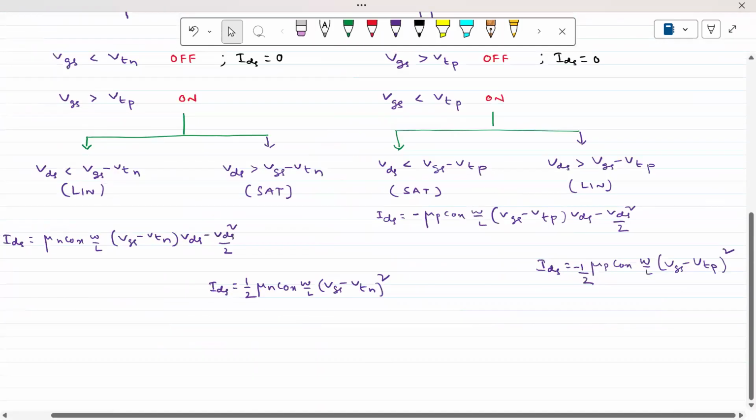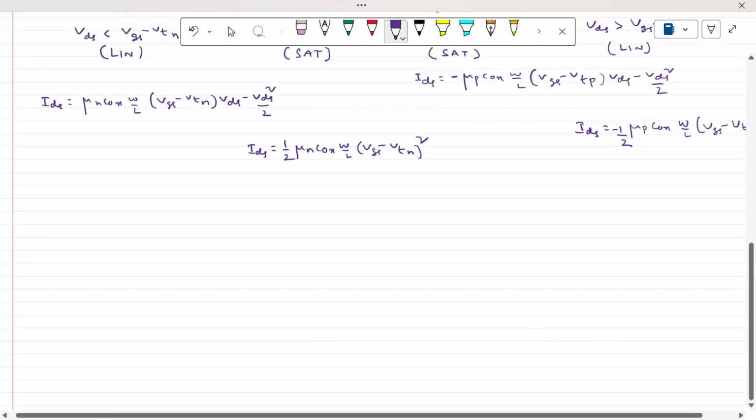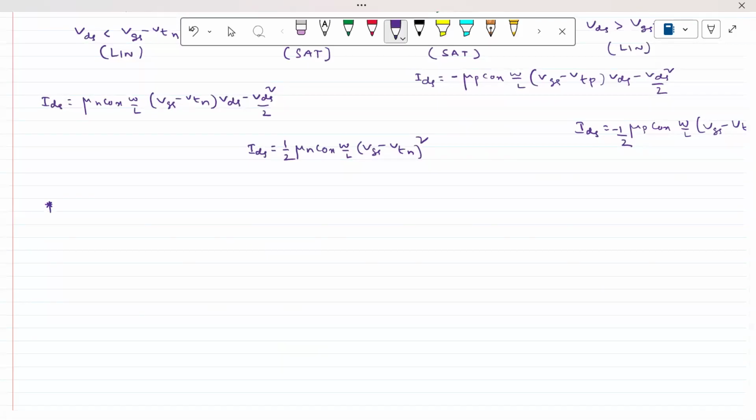What are the signs of these quantities? In the NMOS case, what about VGS, VDS, VTN, and IDS? All are positive quantities, right? Please remember, positive. If you take the difference between the gate voltage and source voltage, the difference is a positive quantity. VTN is also a positive quantity.